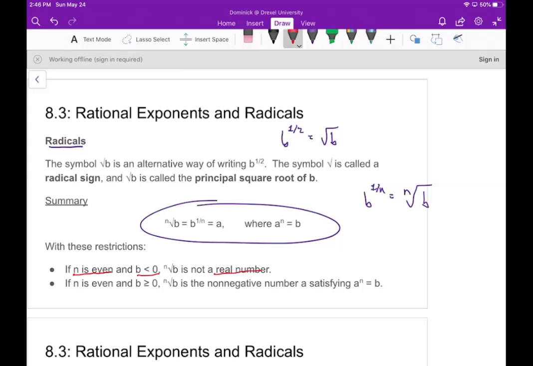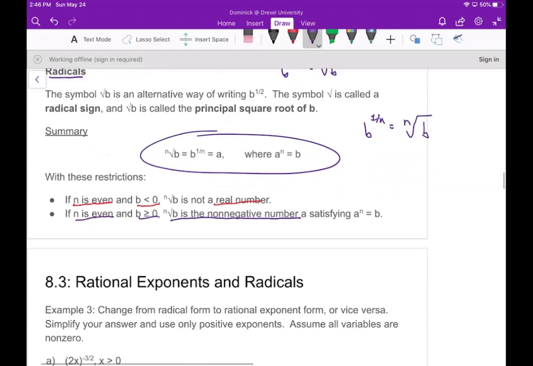And then, of course, if your root is an even root and the number on the inside is greater than or equal to 0, then for this course, we're going to choose the non-negative number. So we're only going to take the positive or the non-negative number so that we avoid some ambiguity.